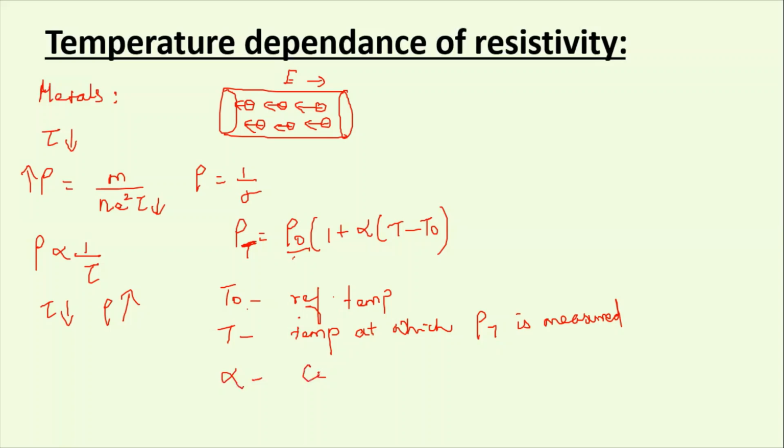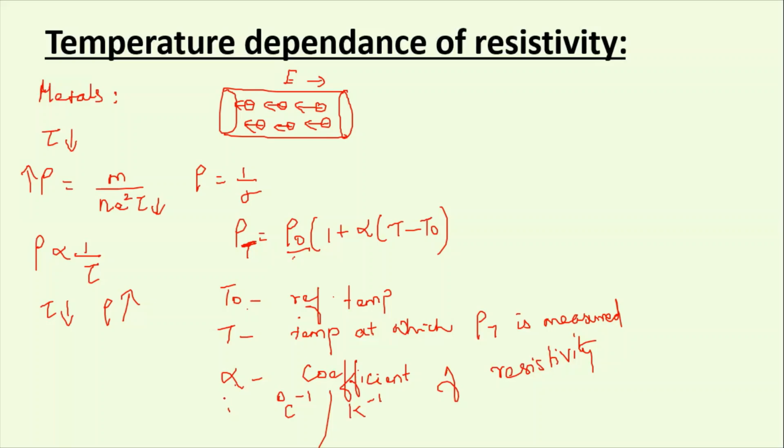Alpha is the coefficient of resistivity. The unit of alpha will be per degree Celsius or per Kelvin. Okay, anything is fine. Now, what is this coefficient of resistivity?